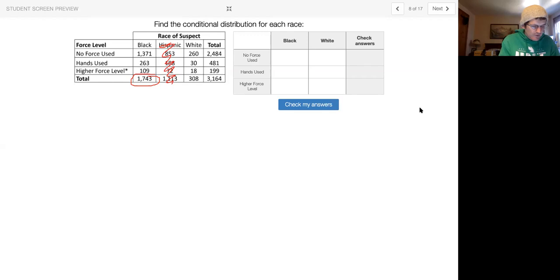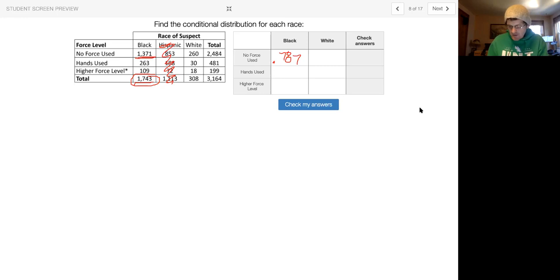So we would be doing 1,371 out of 1,743. You guys can do that check at home. And this is going to be 0.787. On the condition that the suspect is black, what is the proportion of hands used?